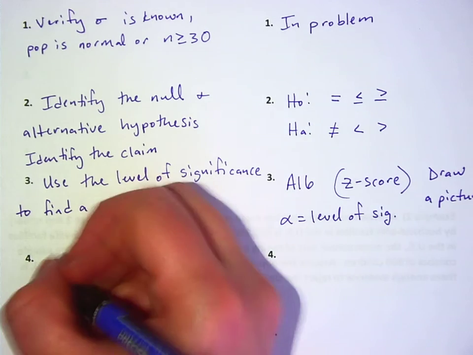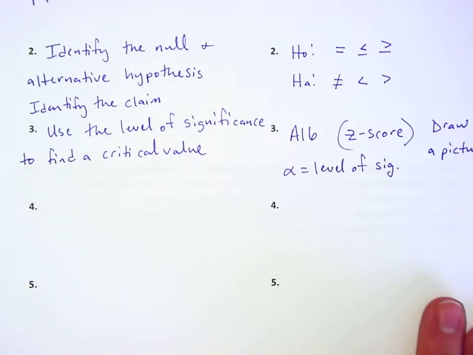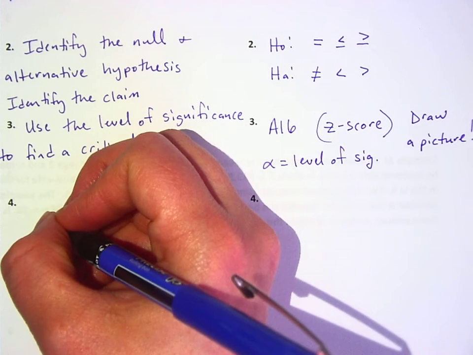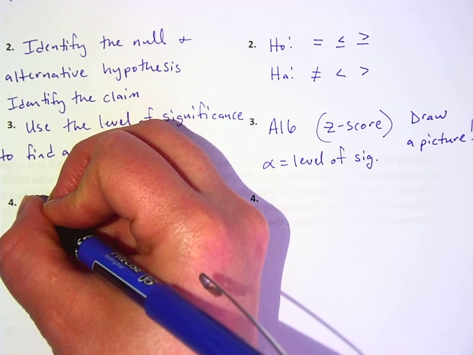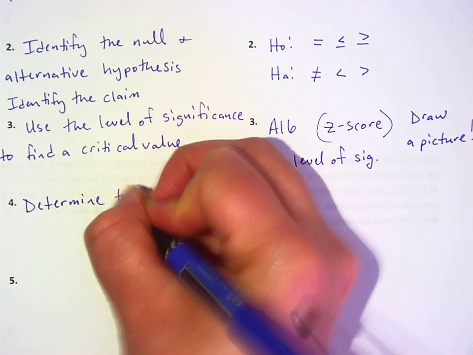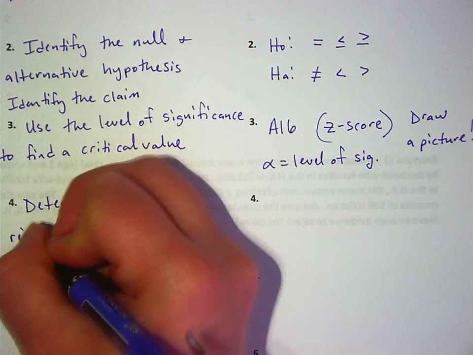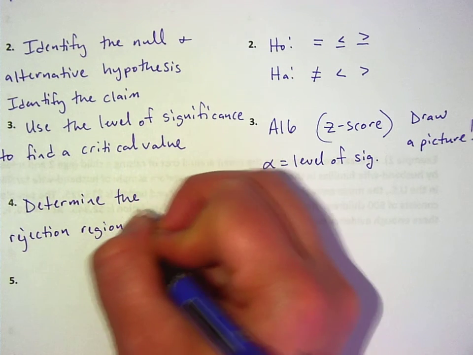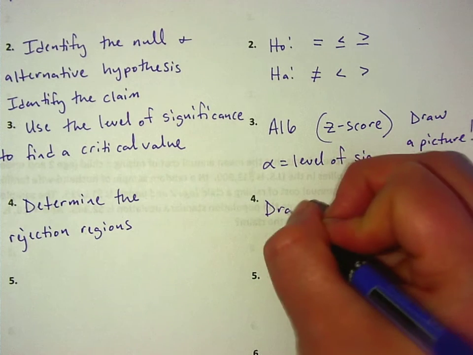All right, and then step 4. Step 4 is to determine the rejection regions. Again, draw a picture.